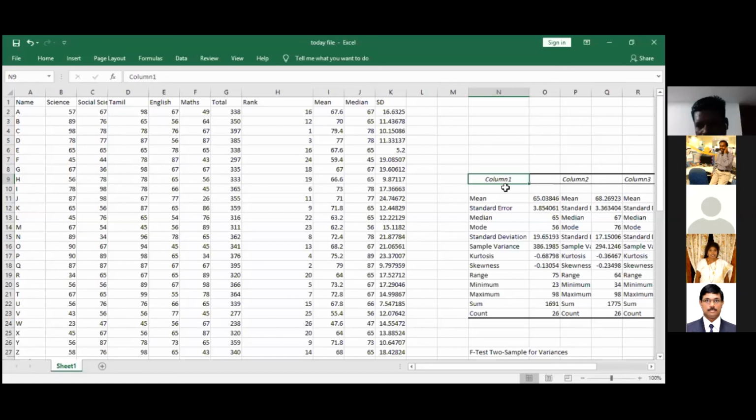Any questions? If you want to ask, please post your questions. So do we have a built-in function for standard deviation in Excel, sir?